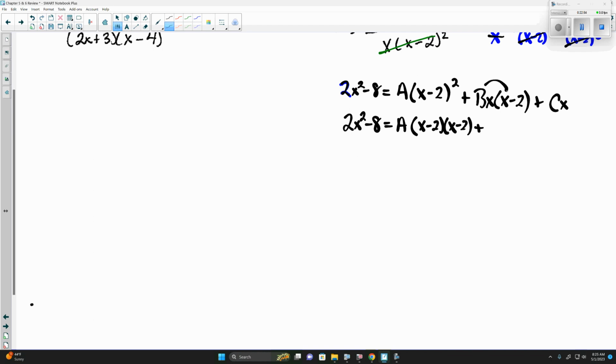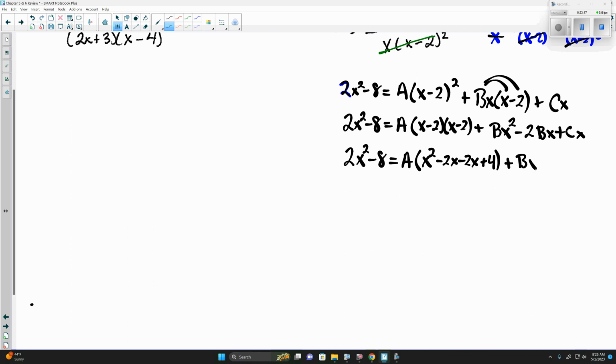Now the bx, we can distribute it through. bx times x is going to be bx squared. bx times -2 is -2bx plus cx. Now we can distribute this here, giving us x squared minus 2x plus 4 plus bx squared minus 2bx plus cx.